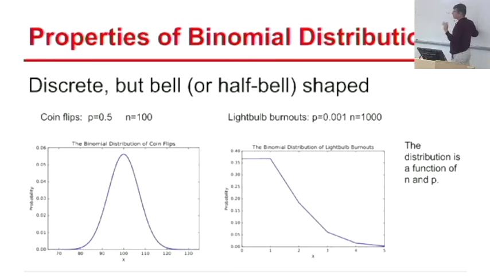It's always possible that the coin could come up heads 1,000,000 times, but with this distribution you would get a symmetric distribution. Does everybody see that? But if I had a smaller number of these things, this distribution is going to be shifting, and because you can't have a negative number of burnouts, eventually the distribution is going to run up on the edge. Does everybody see that?